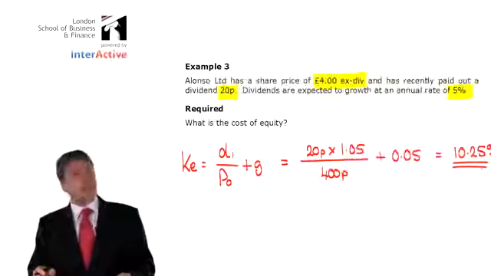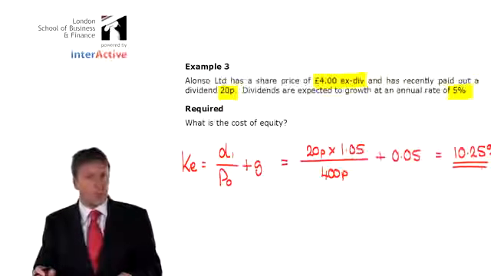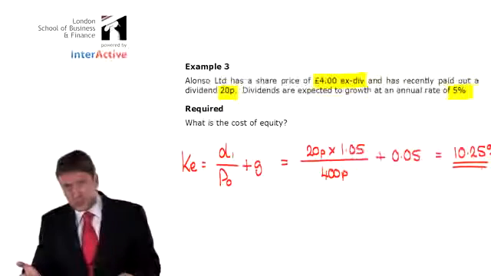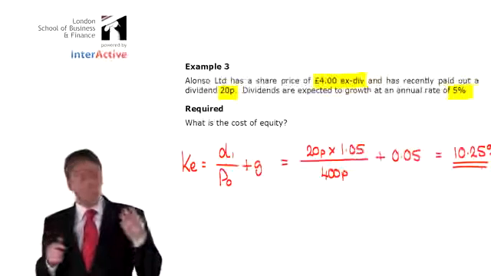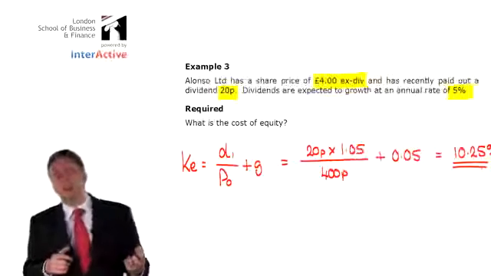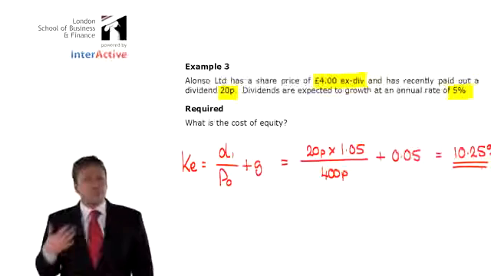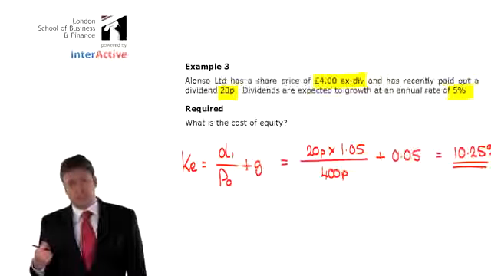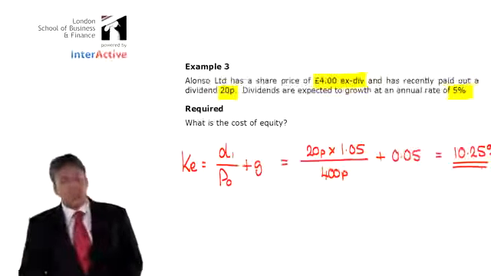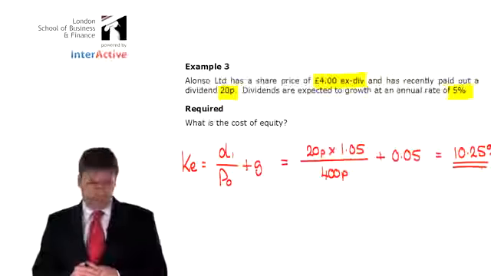Please remember, the mark allocation for this is not going to be ginormous. But the flip side is that you must know it, because this is something that will come up more often than not in the exam, and, well, it's the bread and butter marks of getting through this paper. So, we've established how to deal with growth.